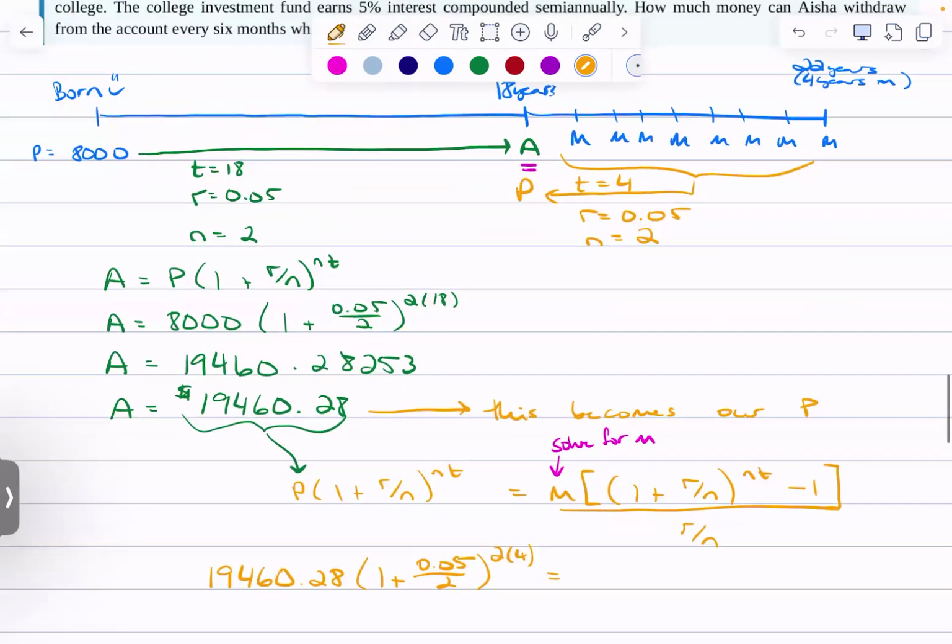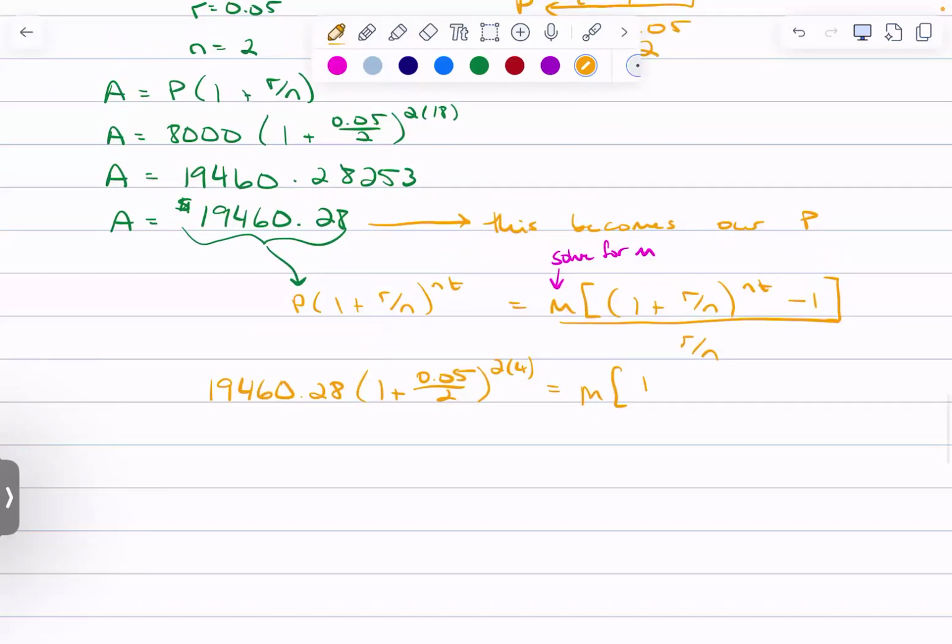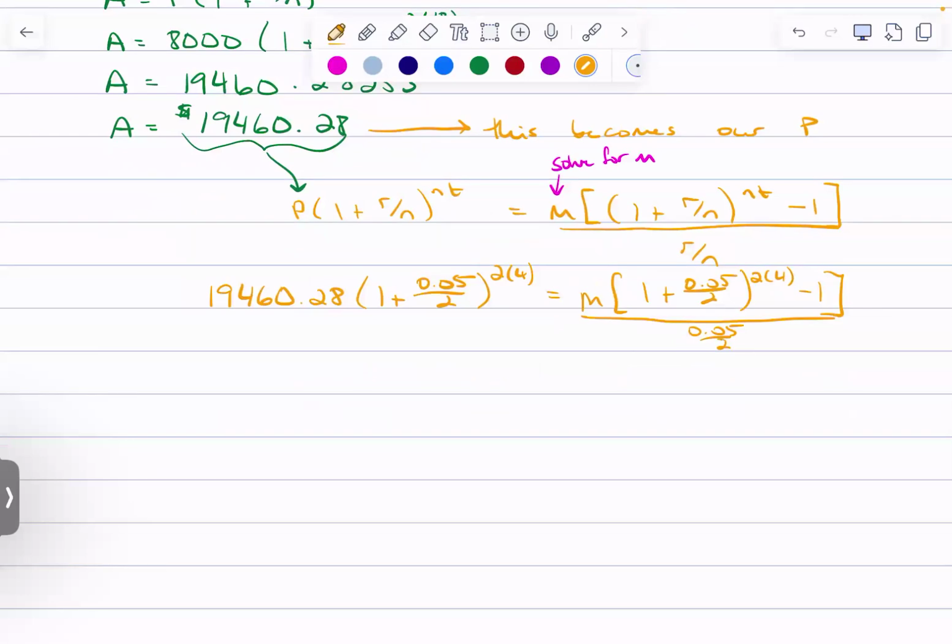For this phase 2. And simplify this side, simplify this side, solve for M, just like last day. Here we go.